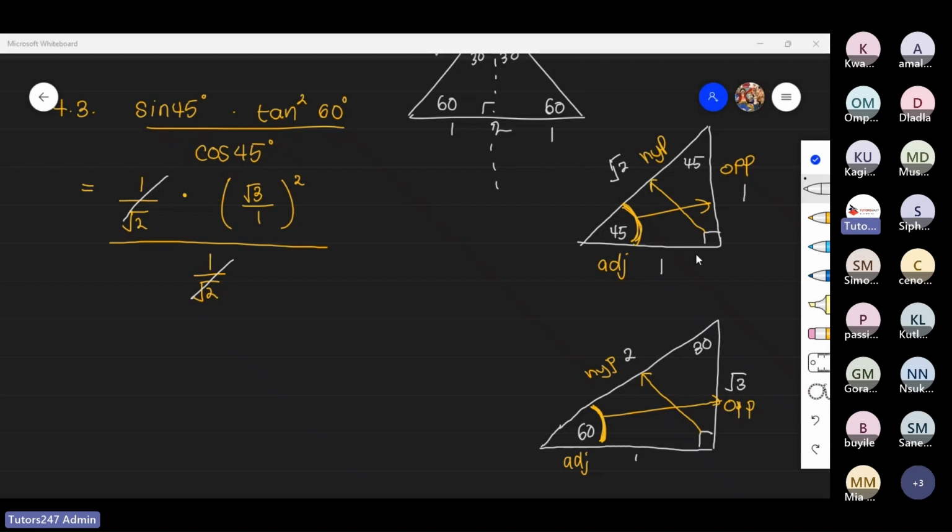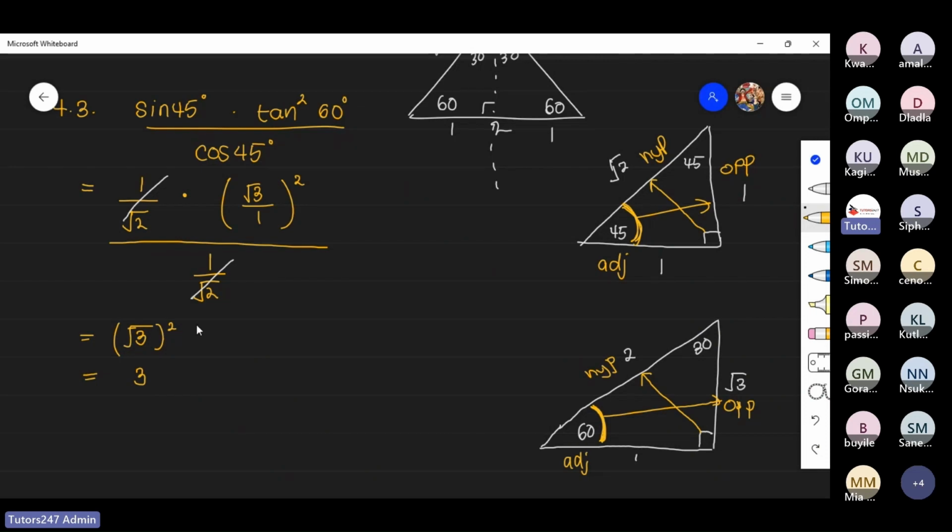And you are then left with the root of 3 squared, because the root of 3 over 1 is just the root of 3, right? Anything over 1 is itself. Now, the root of 3 squared is just going to give you 3. It's not going to give you 9, because keep in mind that the root and squared cancel each other out.